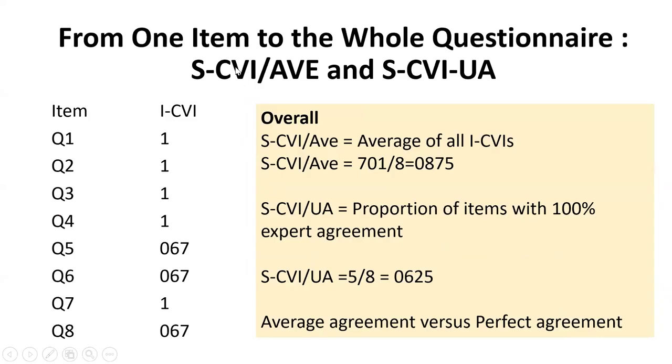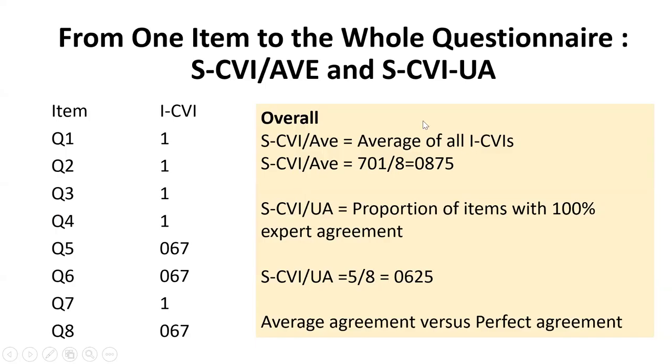You can also calculate the scale level content validity index, which is the average content validity index. Here there should have been decimal points, they are missing. But here, supposing there are 8 questions, for each question I have calculated the item level content validity index.